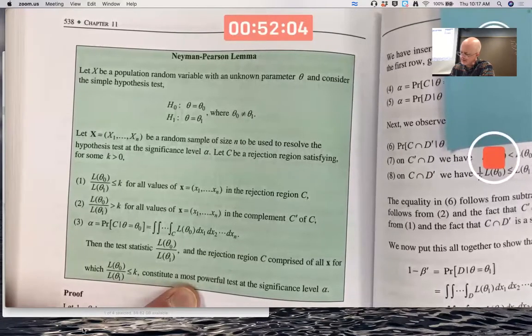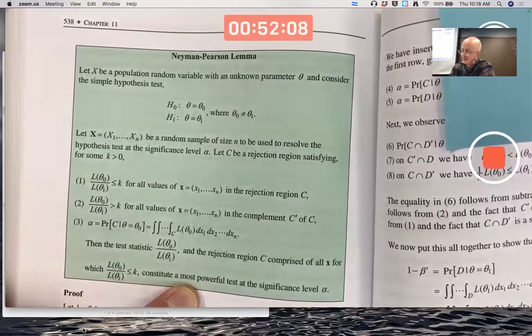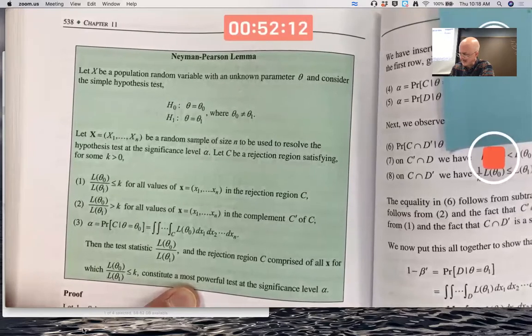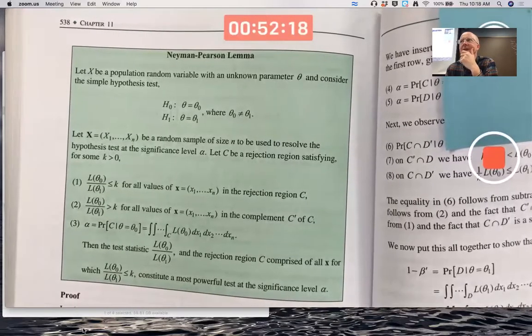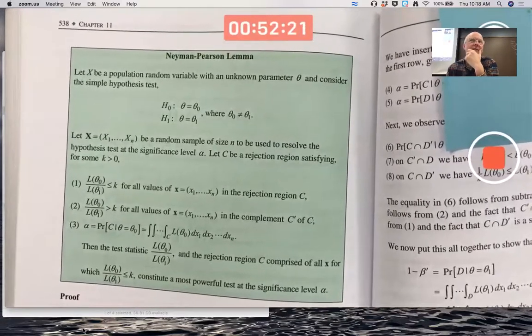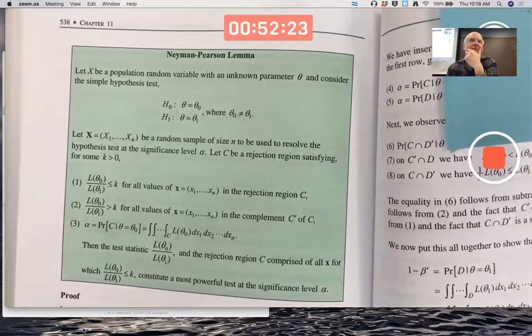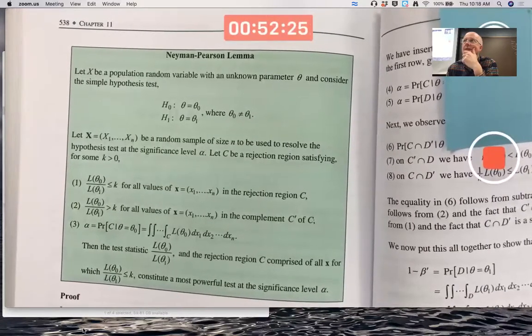What in the world? This is really, really confusing. I always had a hard time with this. And like, what is K as well? K could be lots of different things. In fact, K depends on alpha, actually. Different alphas will produce different Ks.